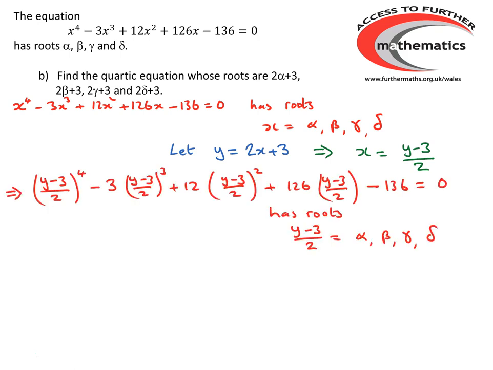So, if I replace every occurrence of x in what we just had by y minus 3 over 2, I can say that the equation y minus 3 over 2 to the power 4 minus 3 lots of y minus 3 divided by 2 to the power 3 plus 12 lots of y minus 3 divided by 2 to the power 2 plus 126 lots of y minus 3 divided by 2 minus 136 equals 0 has got roots of y minus 3 over 2 equals alpha, beta, gamma, and delta.